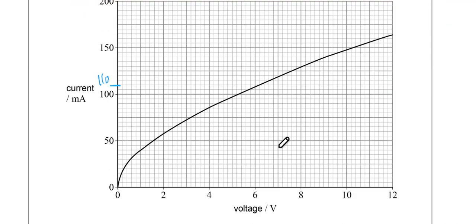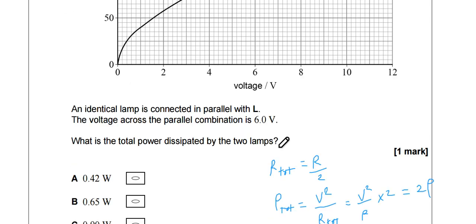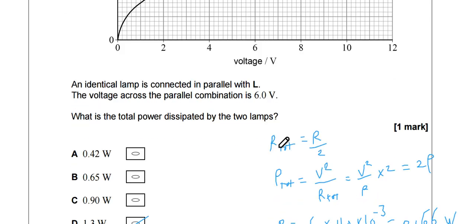IV graph for a filament lamp. Total power dissipated can be got from total resistance and potential across the two lamps.